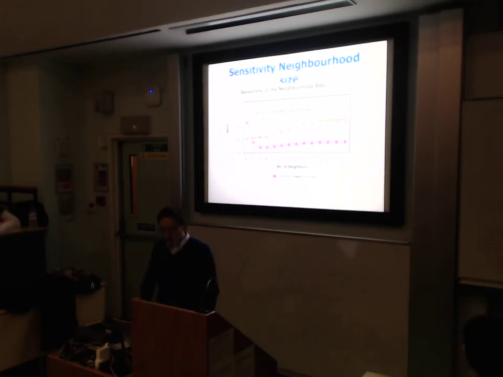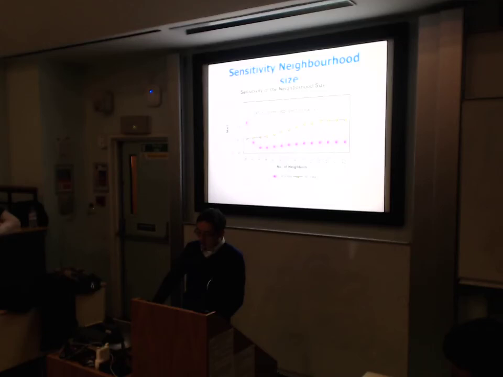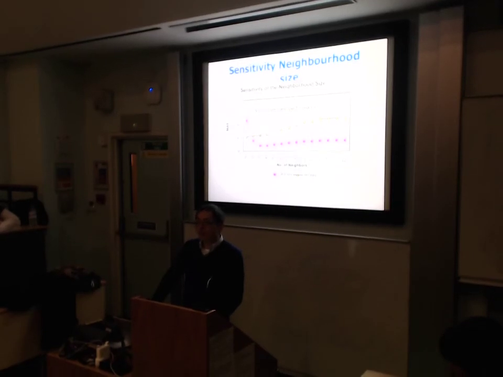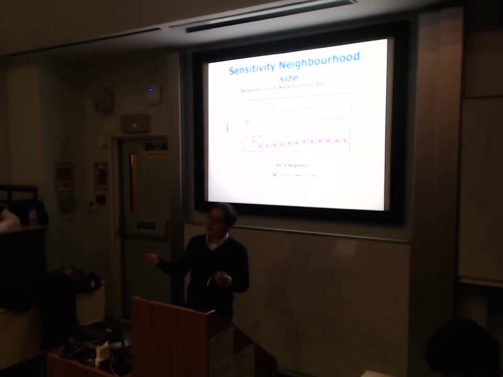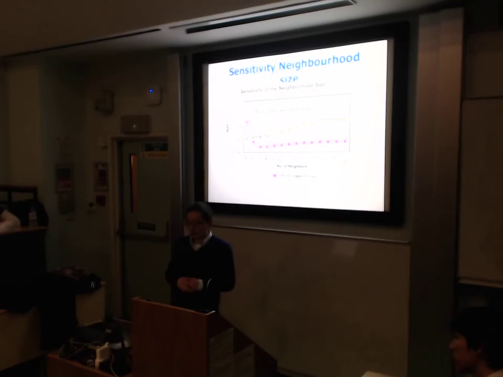So equally for the number of neighbors, basically the number of similar users you're going to choose. You can choose all the users, weighted by their similarity measure, or you can choose the top 10 or top 5 or just one similar user. And the performance is in fact different.